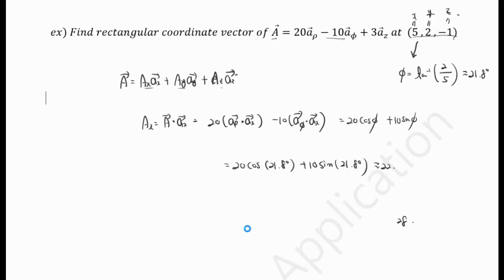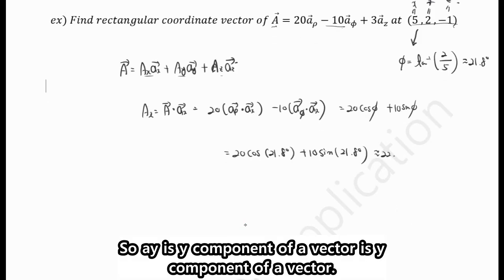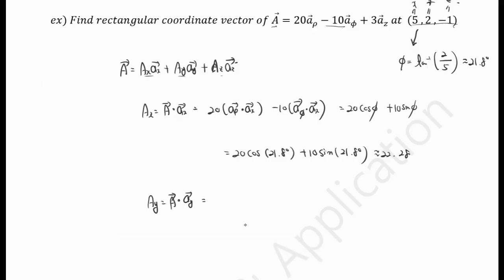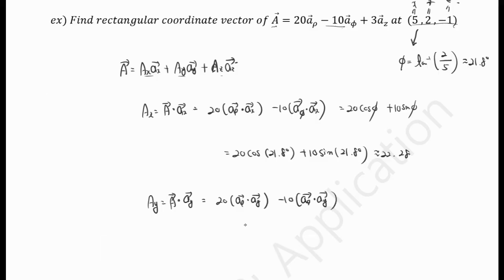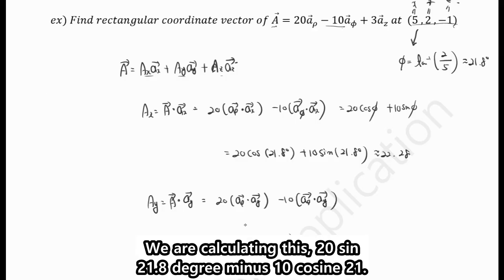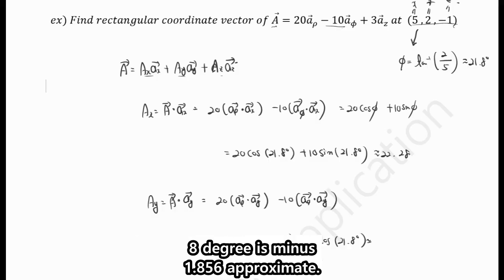So Ay, the y component of the A vector, is 20 a rho vector dot ay vector minus 10 a phi vector dot ay vector. We are calculating this: 20 sine 21.8 degrees minus 10 cosine 21.8 degrees is approximately minus 1.856.